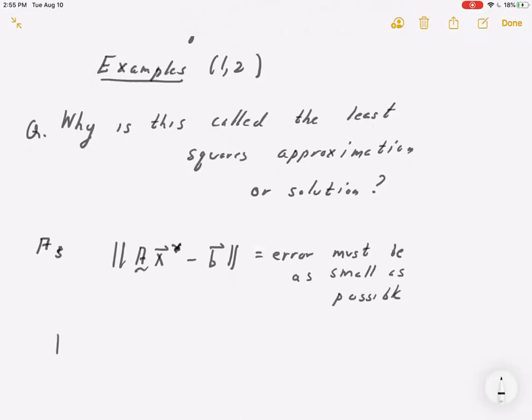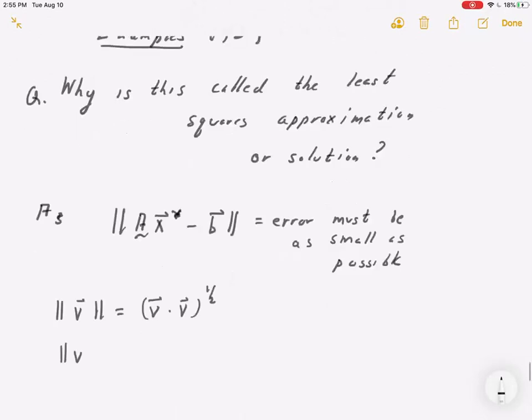Well, how do you calculate the norm of a vector? You take its dot product with itself, and you take the square root. So the square of the norm of a vector is just the vector dotted into itself.